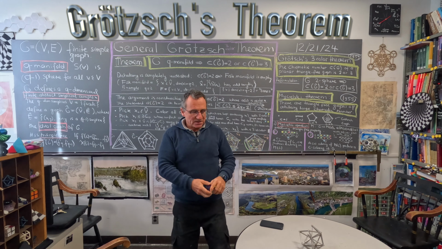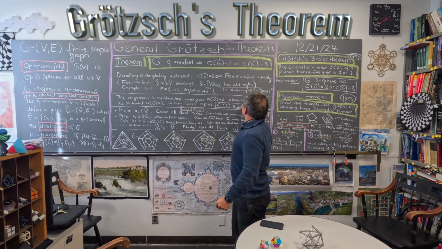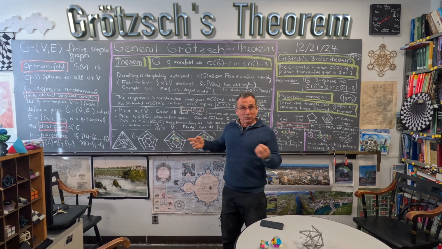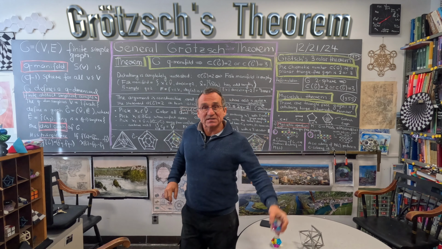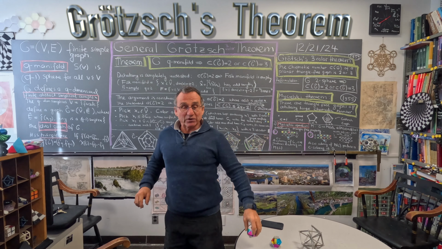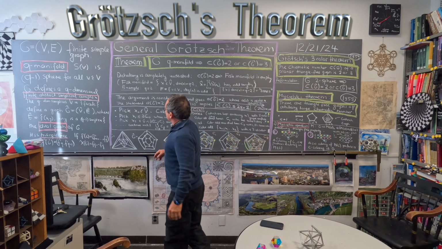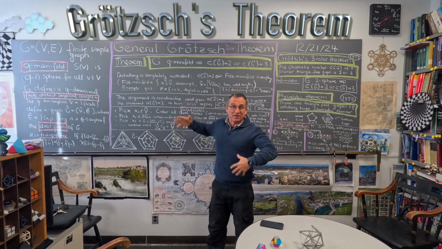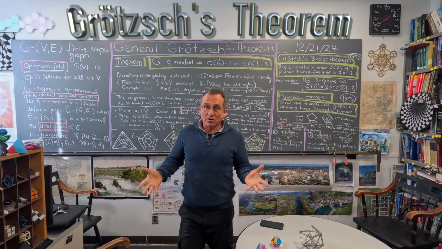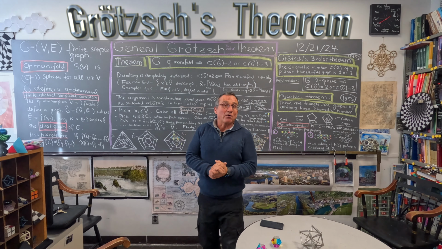What also plays an important role here are the bones. The bones are the q minus 2 dimensional simplices. In 2 dimensions, these are just vertices. And then we can look at the Fisk manifold. The Fisk manifold then tells us whether we can color the dual graph with 2 or 3 colors.